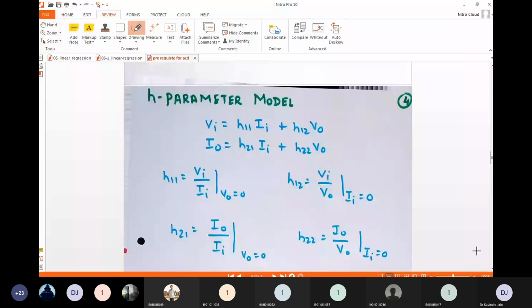So V1 is the input voltage and V2 is the output voltage. In similar fashion, Ii is the input current, that is I1, and I naught is the output current, that is I2. I hope you are able to understand this particular feature of the two equations.